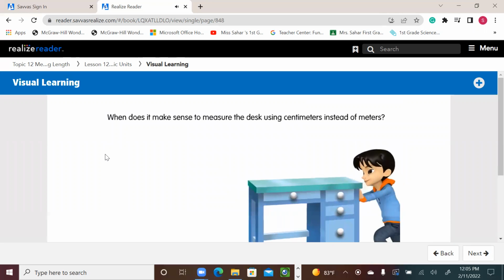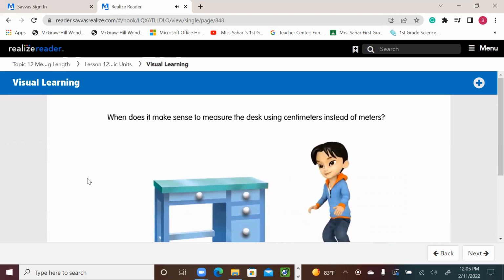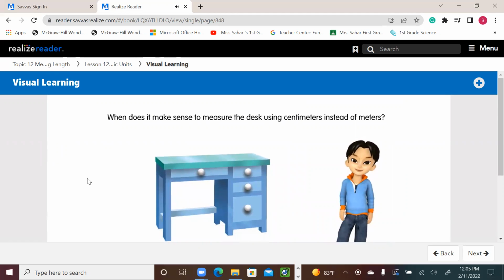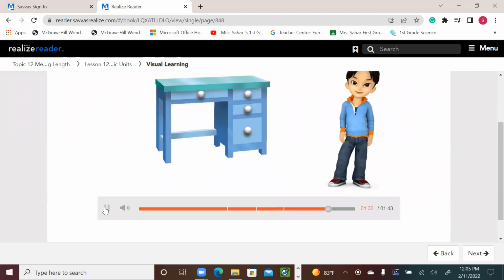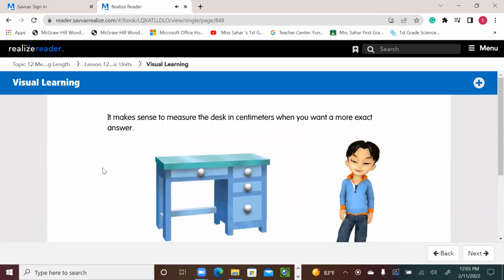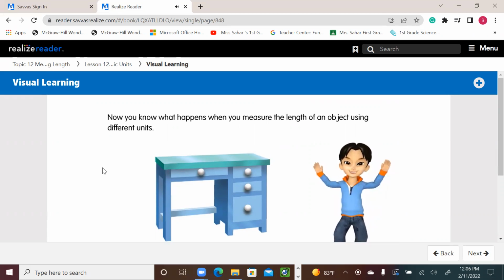When does it make sense to measure the desk using centimeters instead of meters? It makes sense to measure the desk in centimeters when you want a more exact answer. Now you know what happens when you measure the length of an object using different units.